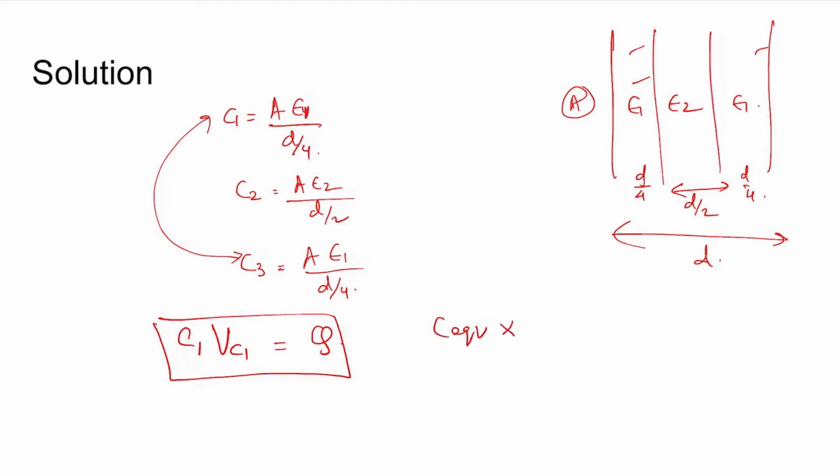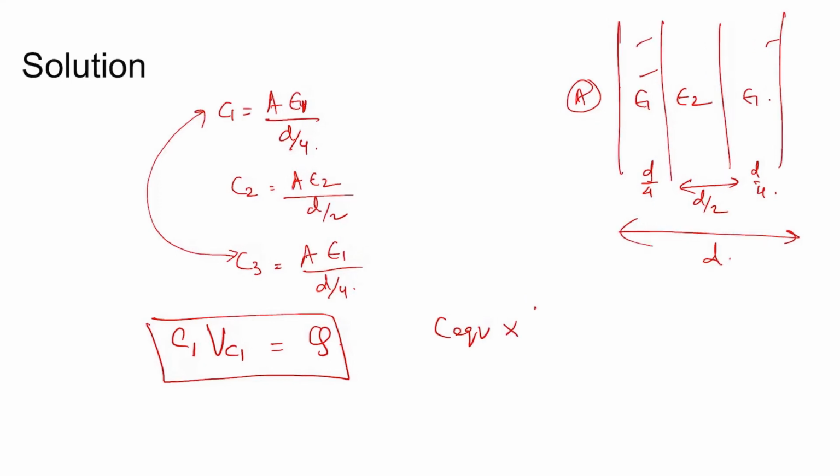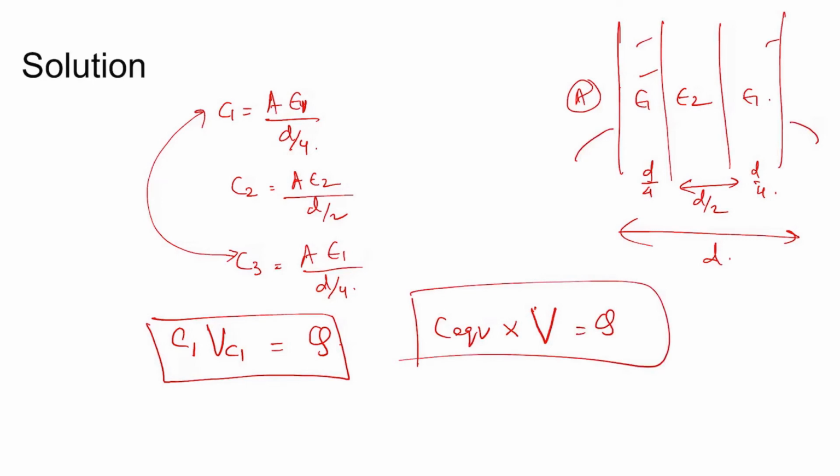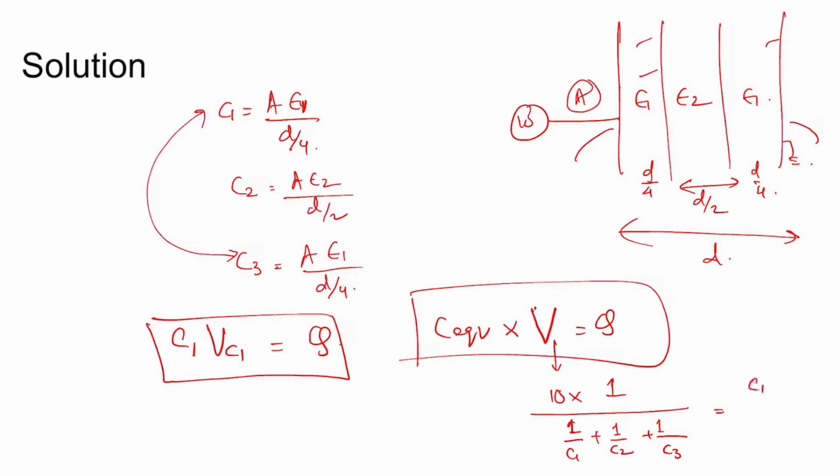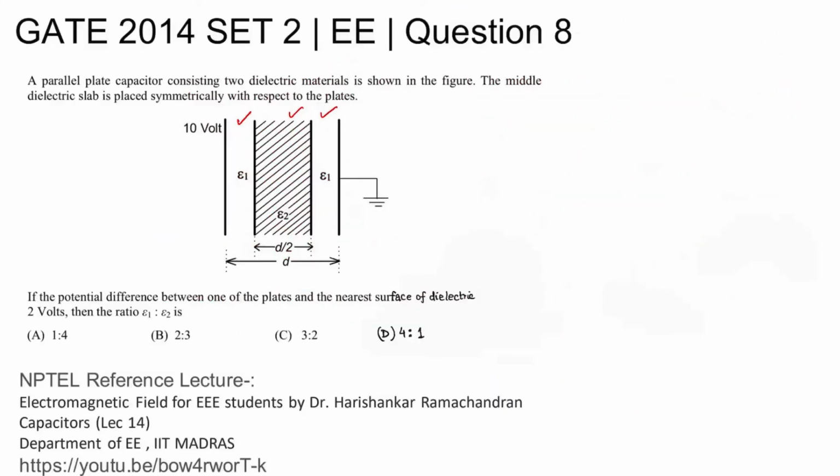Again, C equivalent into the voltage difference between the plates, which is 10 volt, is also Q. So 10 into C equivalent, which is 1 by (1 by C1 plus 1 by C2 plus 1 by C3), equals C1 into VC1, where VC1 is 2 volt as given in the question.